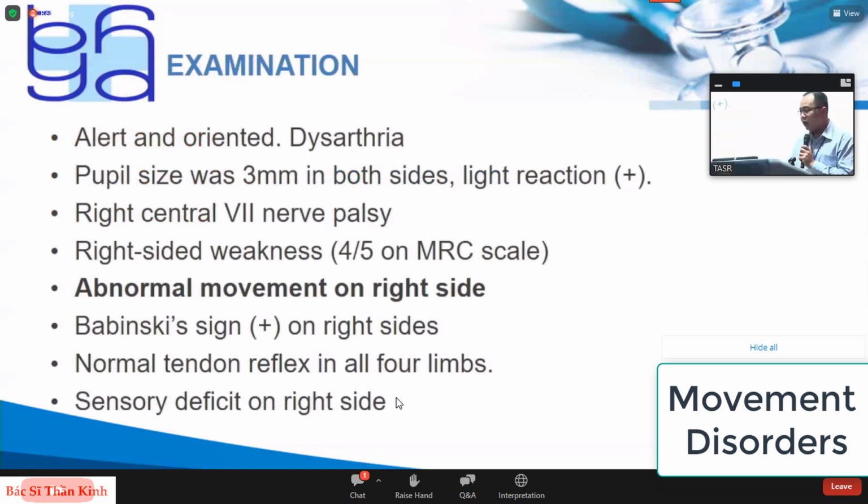After the hemorrhagic stroke event 10 years ago, his blood pressure was under control with amlodipine 5 milligrams per day. On examination, I will summarize: the patient has just mild weakness on his right side, with abnormal movement on his right side, which we collect in the next video, an abnormal Babinski sign and sensory deficit on the right side.